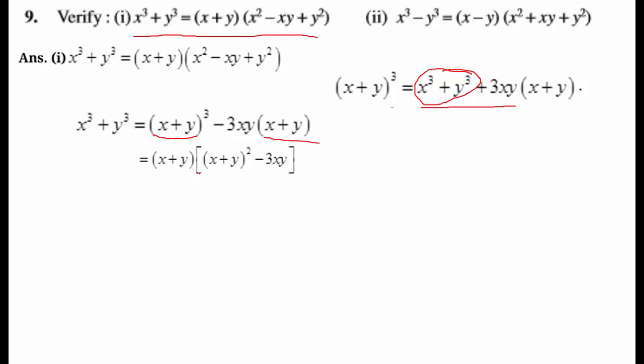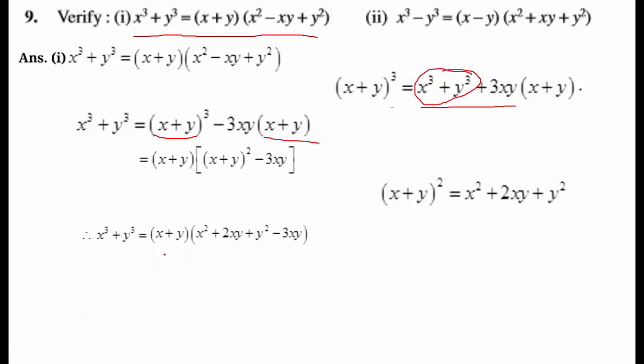Now you know we will use the identity (x + y)² = x² + y² + 2xy. On substituting, this will become x² + 2xy + y² - 3xy, and on solving this becomes -xy. So (x + y)(x² - xy + y²), which we had to prove, hence this is proved.